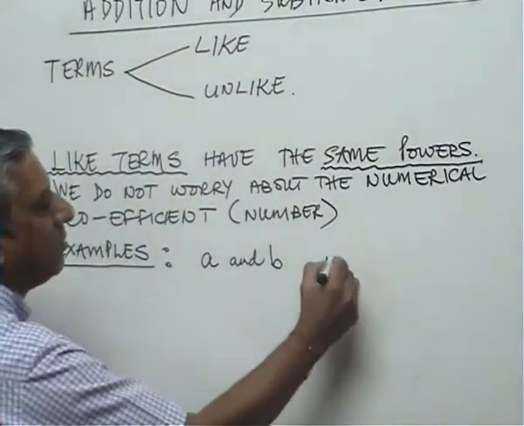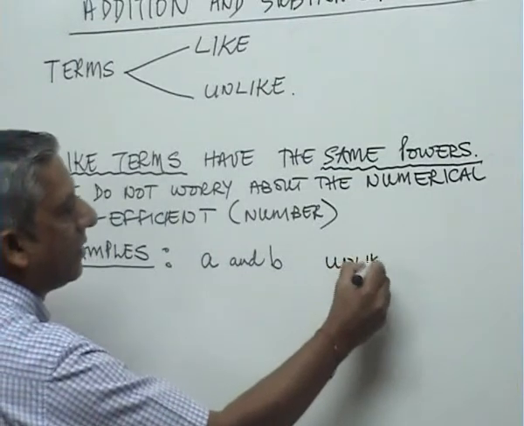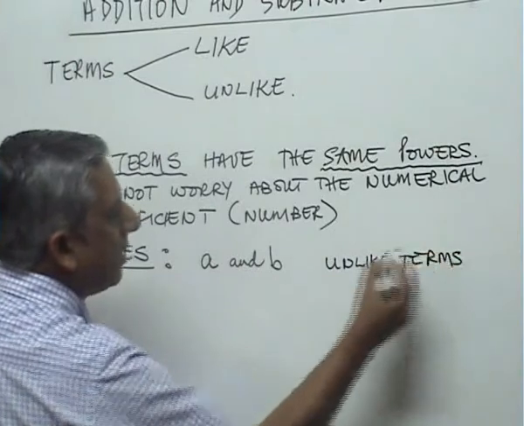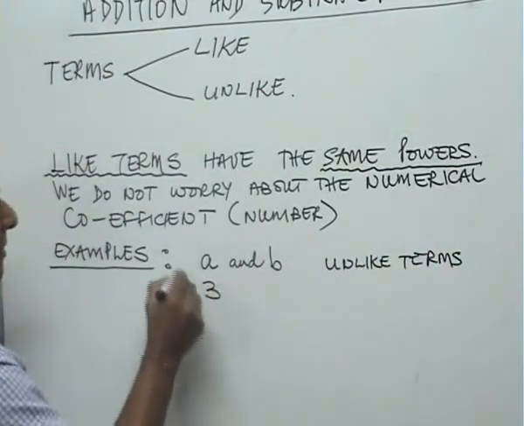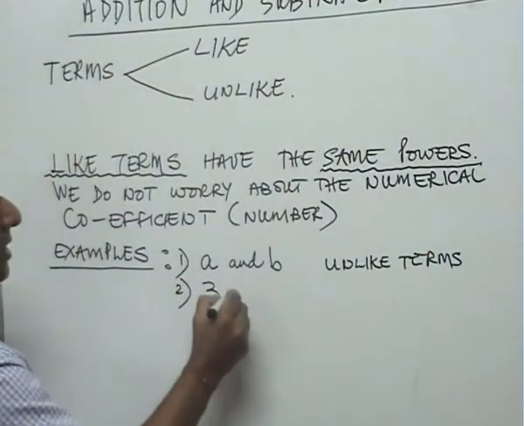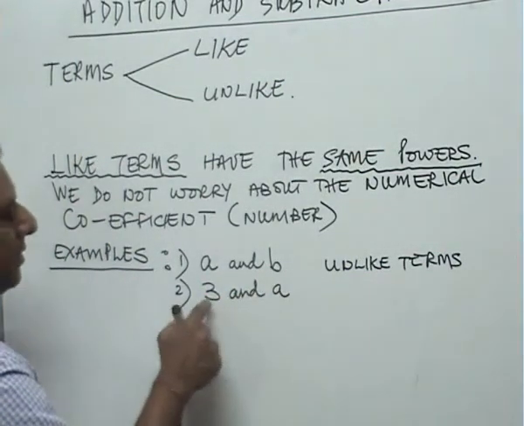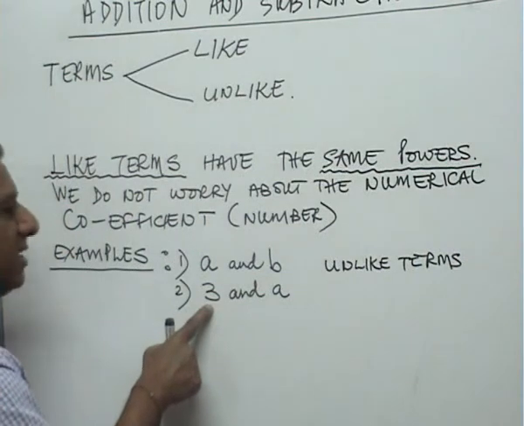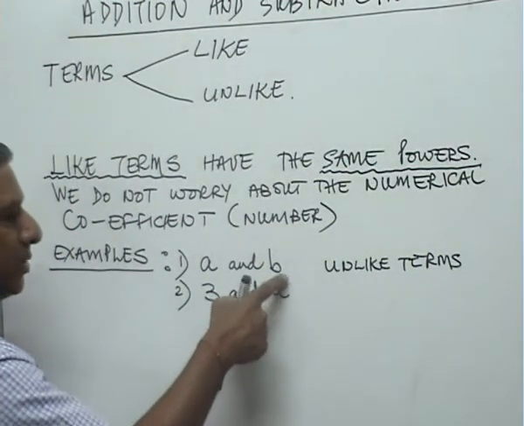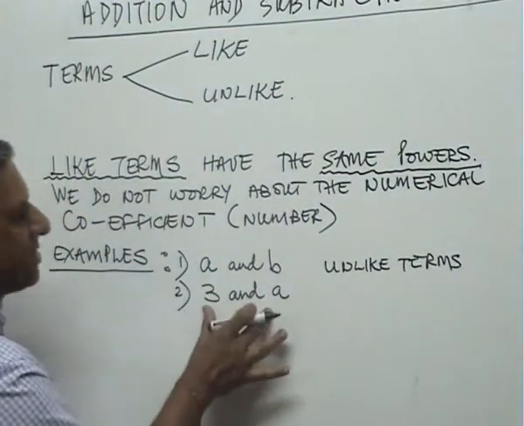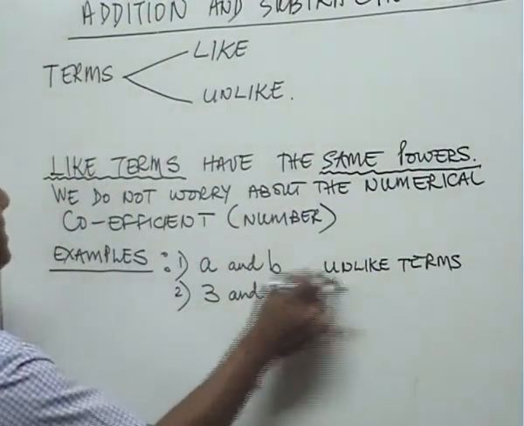Therefore, A and B are unlike terms. Let's do another example. 3 and A. This is a power 3, the base is 3. This is a power A to the 1, the base is A. The bases are different. So if the bases are different, they are unlike terms.